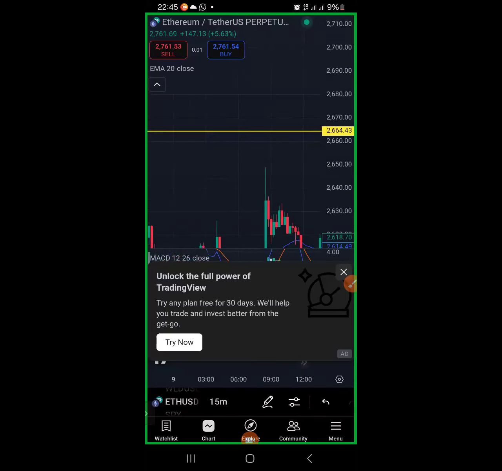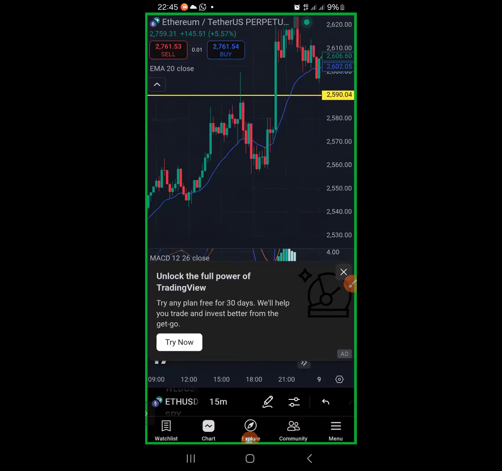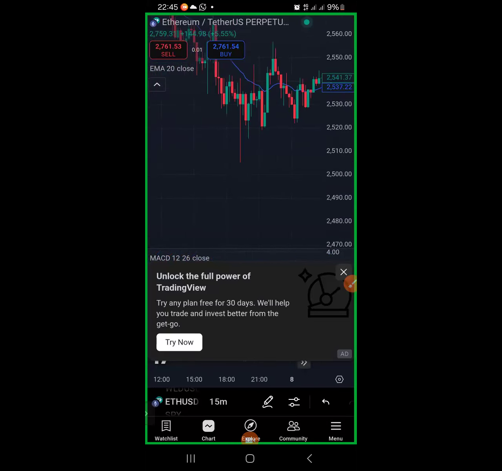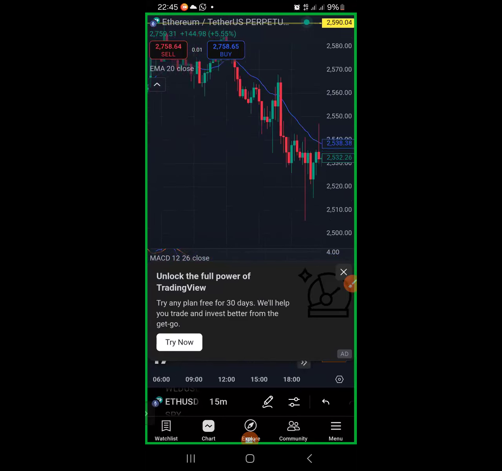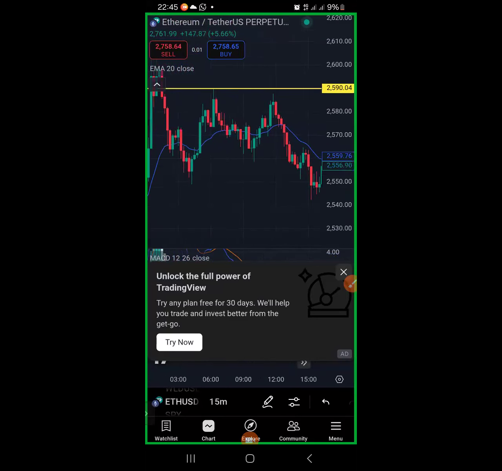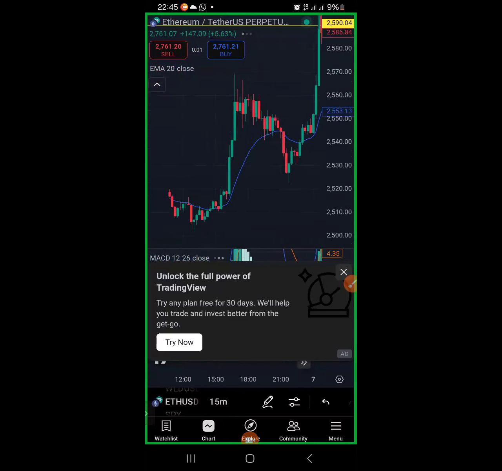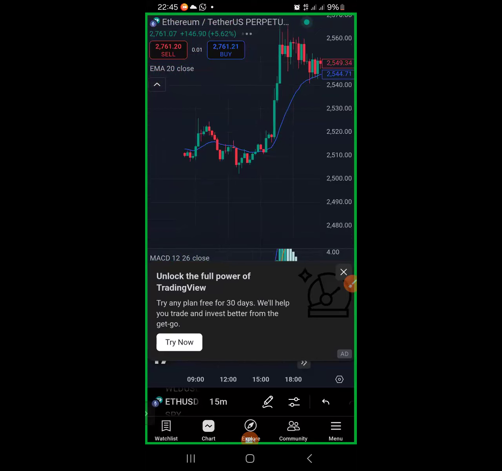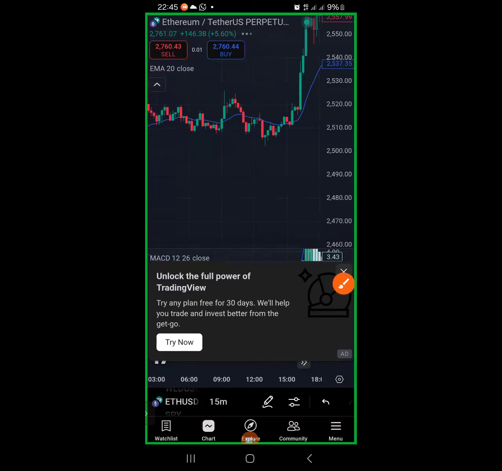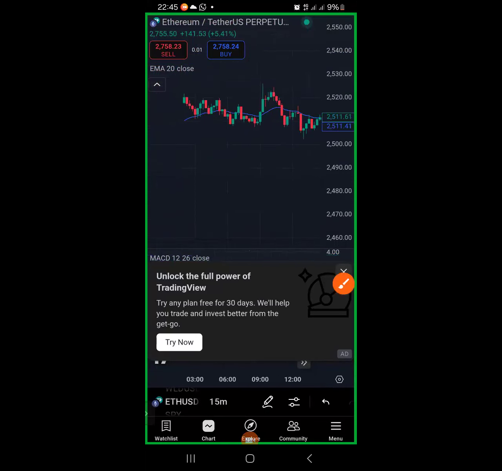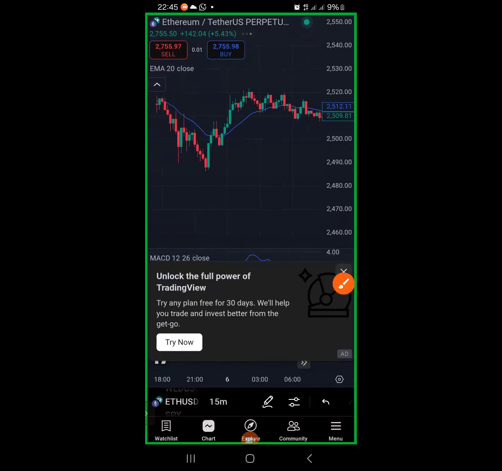Can we identify any penny bar here? Any candle? We have one here. That candle, you are seeing this one there. So that's how you identify penny bars on the market.